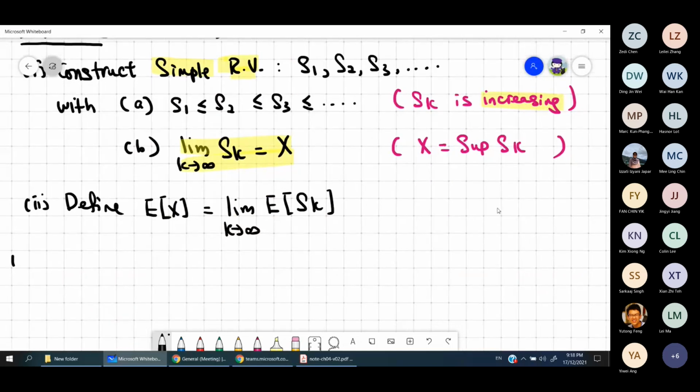There is no specific formula to compute EX, but we can follow this algorithm or method to construct it.